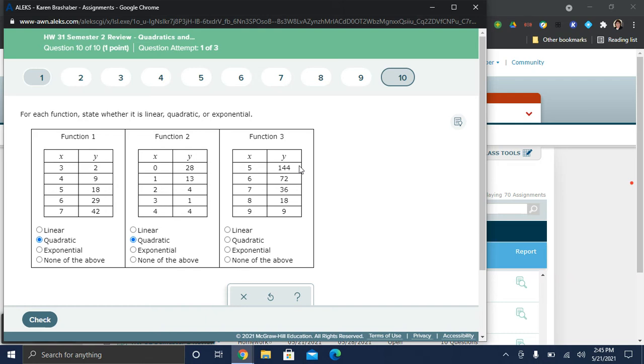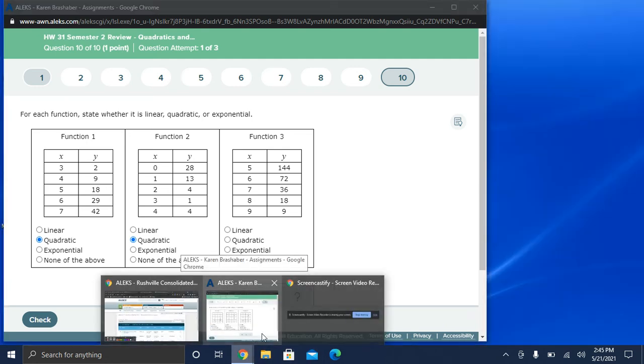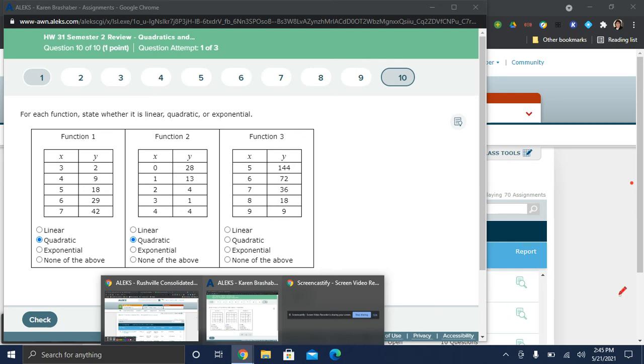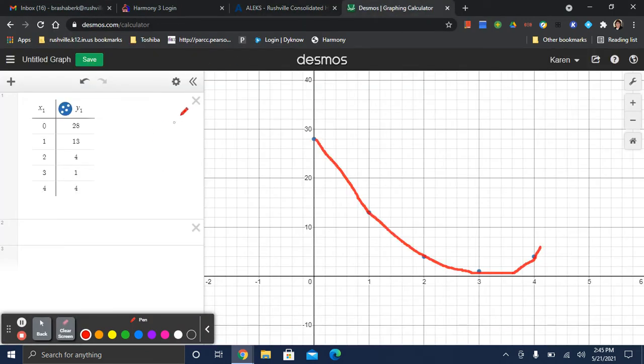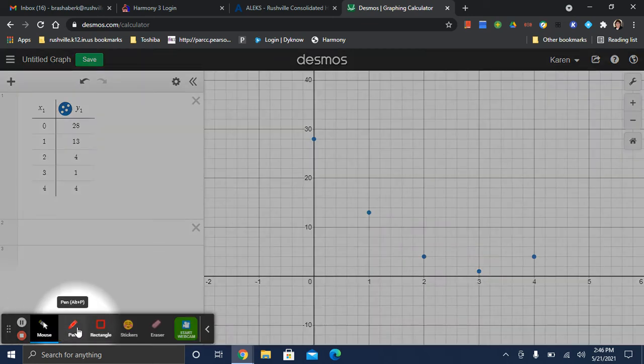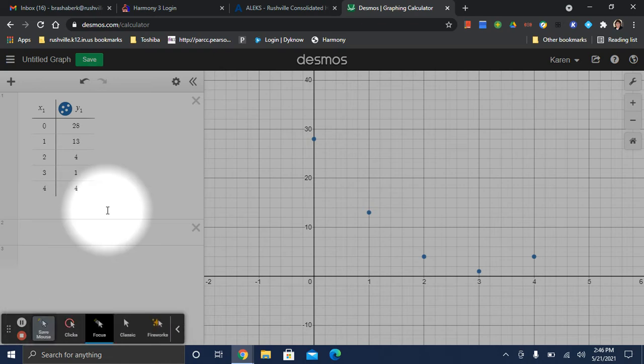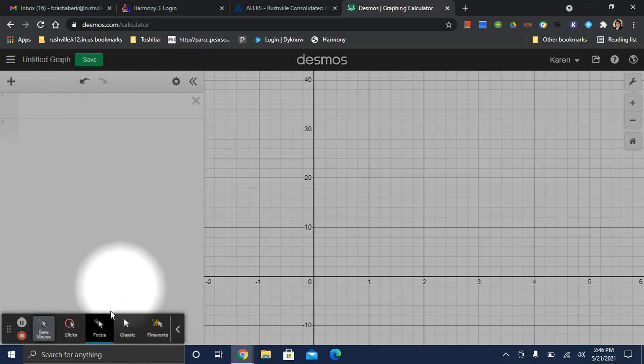and then the y values 144, 72, 36, 18, and 9. So we can take a look at what those will graph to be. So let's find that Desmos calculator. We'll clear and get back to my regular mouse. Clear this. Turn this focus off.